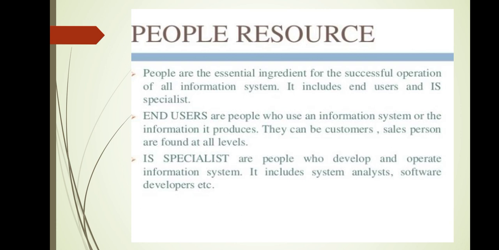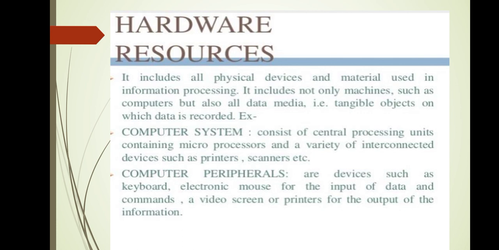The end users are people who use an information system or the information it produces, such as consumers or salespersons. Who are IS specialists? They are people who develop and operate information systems, such as system analysts and software developers.